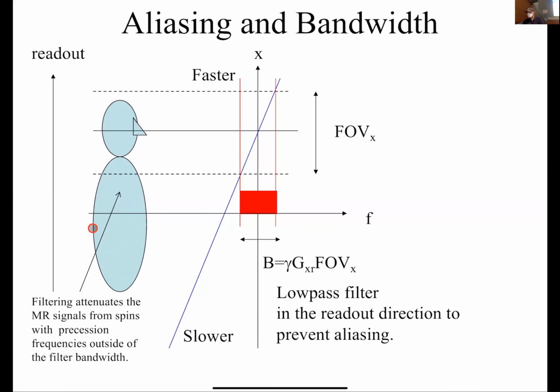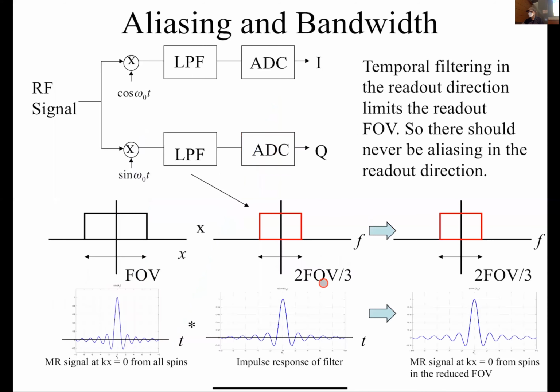And so that's why the low pass filter in the readout direction helps prevent aliasing. Okay, so that's this low pass filter here. What that means is, let's say my object is this, and this has this field of view, that's the whole body. I can have my filter that says I only care about spins in a certain region.